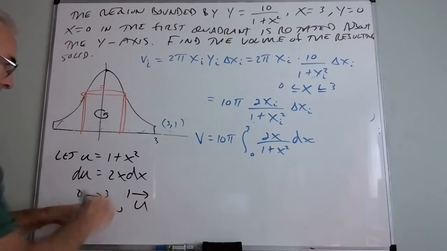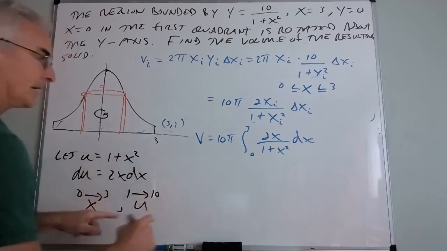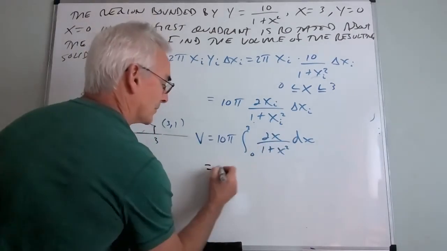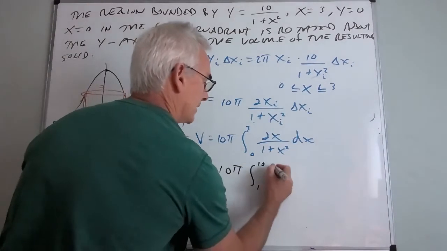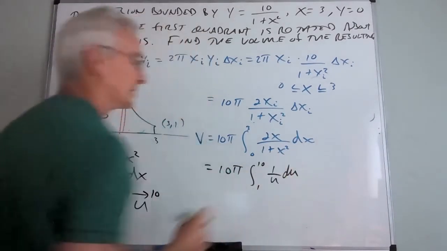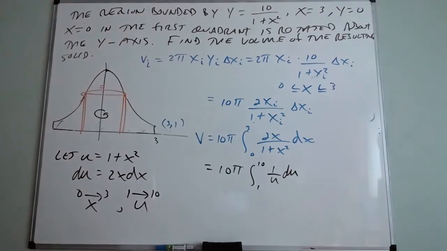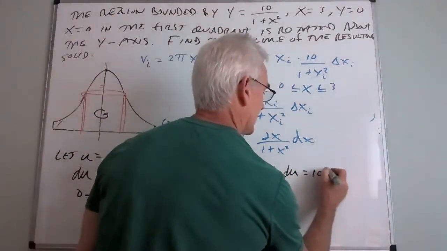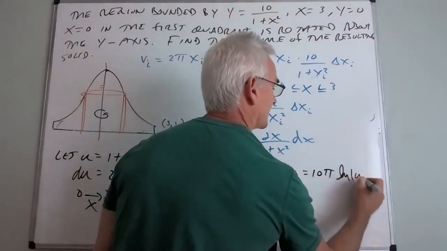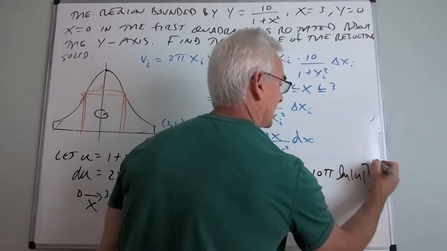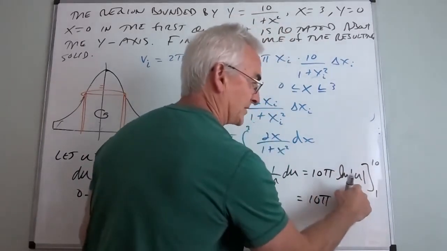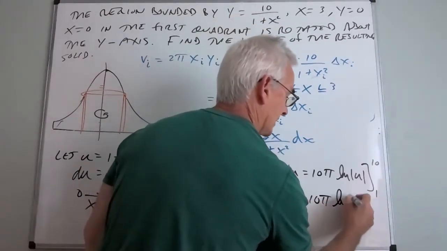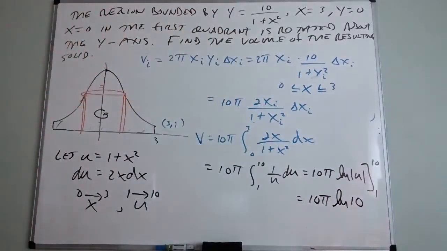When x is 3, u is 10. This is already perfect. So this will be 10 pi, integral from 1 to 10 of 1 over u du. And that will be 10 pi natural log absolute value of u from 1 to 10. Now, I already know log of 1 is 0, so this is just going to be log 10. And I'm pretty sure that was the answer we got the first time around.